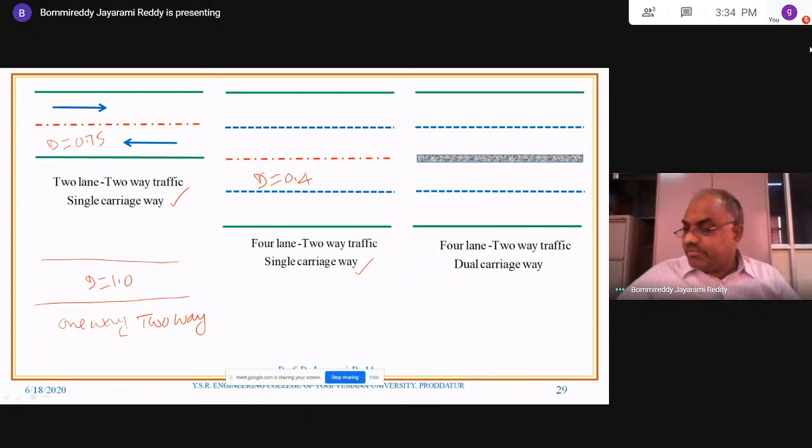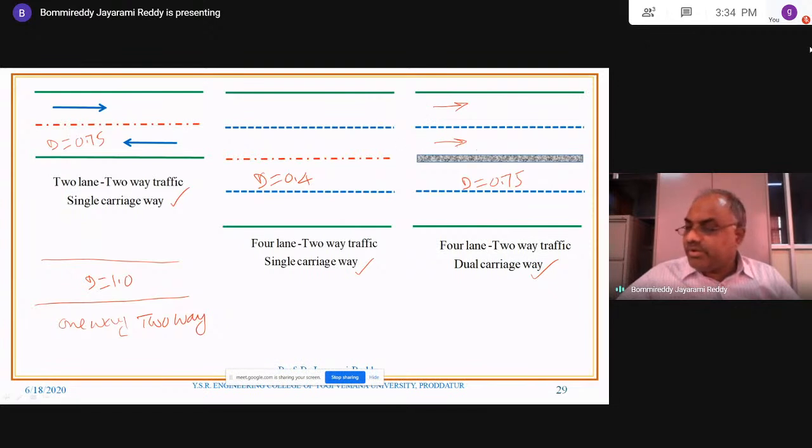And this is four-lane two-way traffic, dual carriageway. Dual carriageway means this is one side and that is another side, and in between there is a median or divider. So only the traffic on one side will move on that side, and the remaining traffic will move on the other side. In this case also D will be considered as 0.75, because all vehicles may not move in that lane only.